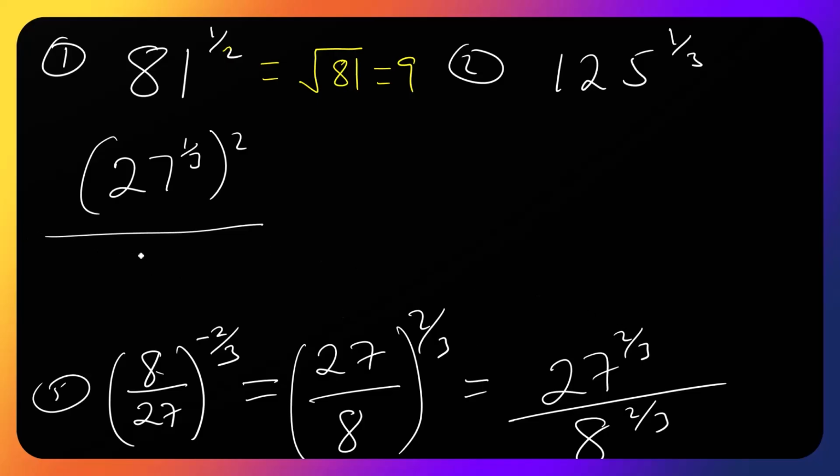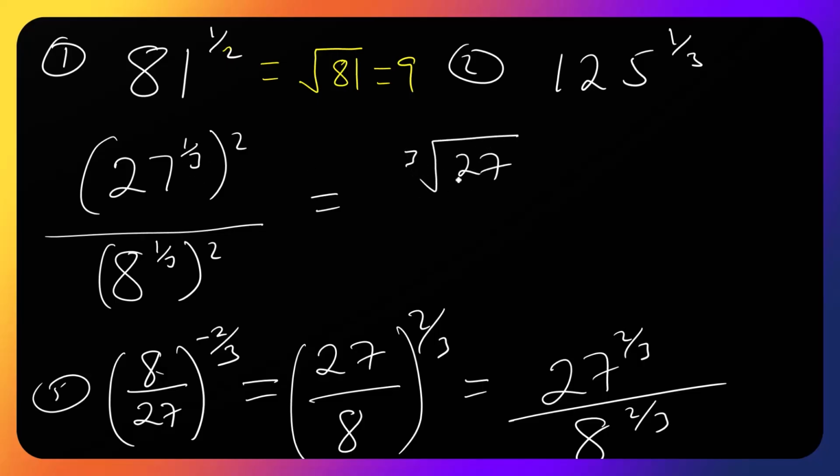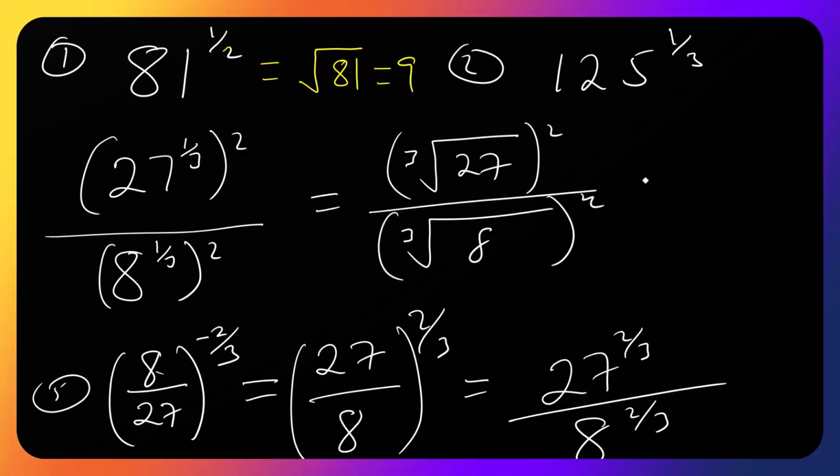And we have 8 exponent 1 over 3 all squared. So this will be cube root of 27 all squared on cube root of 8 all squared.